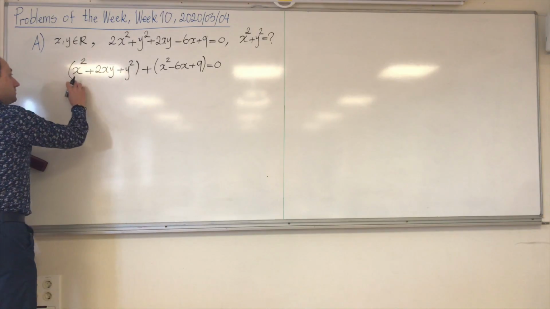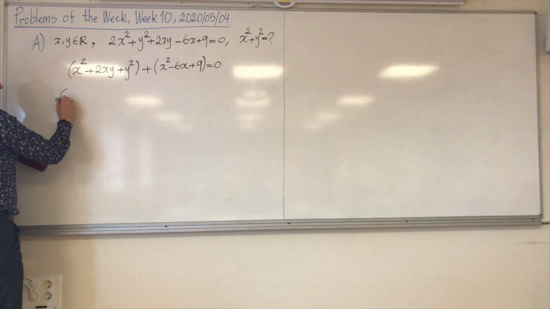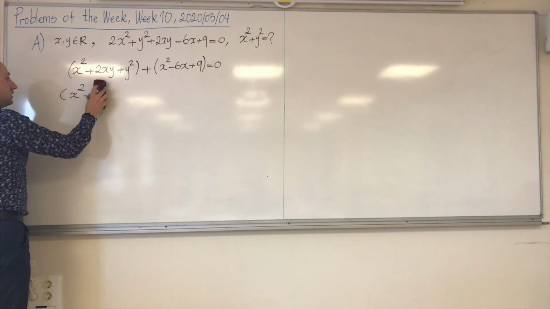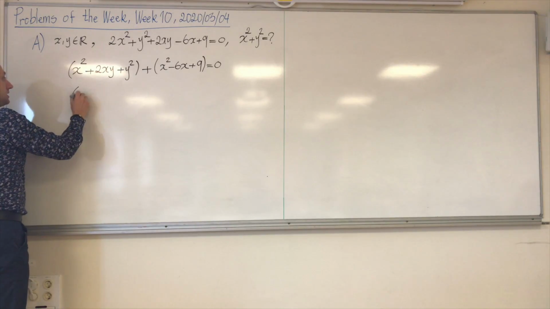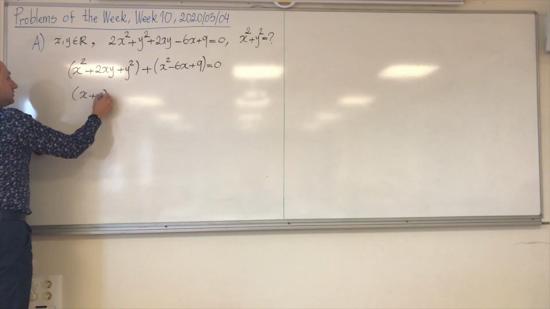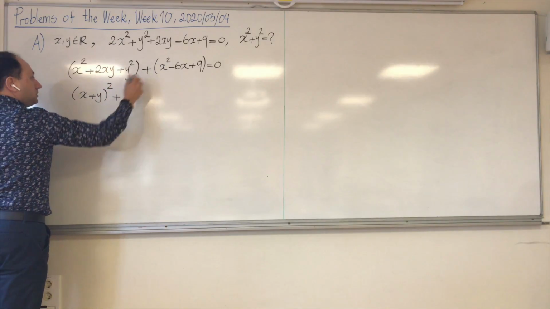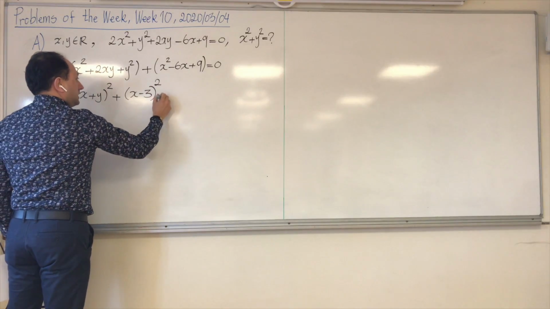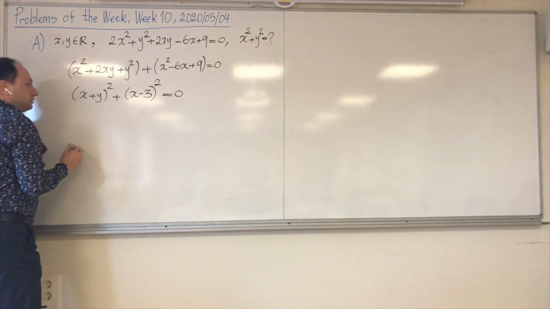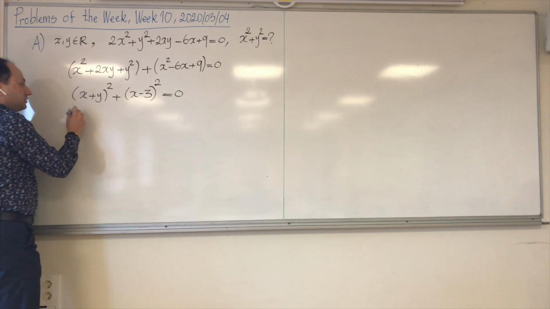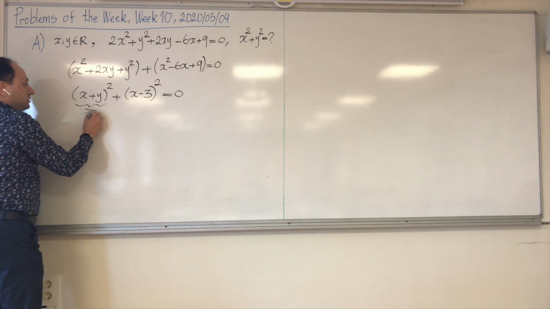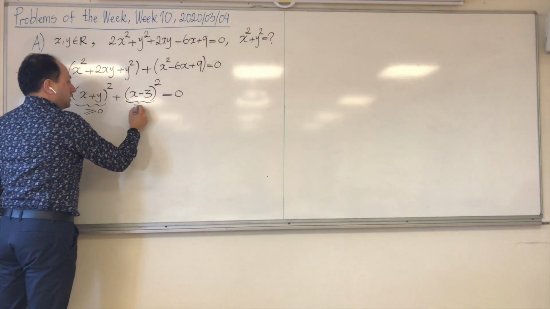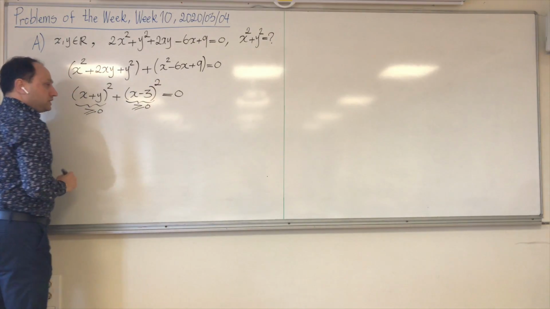But then this becomes a quadratic pattern, so you can write it as x plus y to the 2, and then this can be written as x minus 3 to the 2 equals 0. And as you saw in that lecture, this is a non-negative number because of this even power, and this is also a non-negative number because of the same reason.